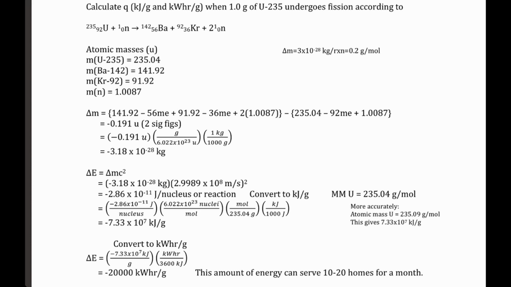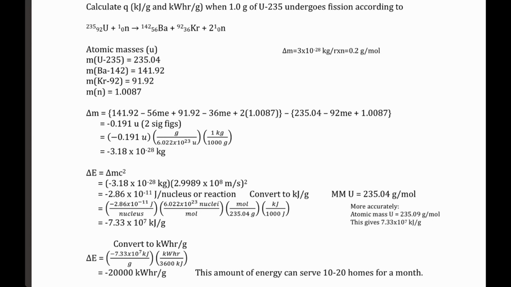We convert that into grams and then kilograms. So using our conversion that we were given in the upper problem, we're dividing by 6.022 times 10 to the 23rd, and then we're dividing by 1,000 to get into kilograms. So we have the mass change to be negative 3.18 times 10 to the minus 28 kilograms.